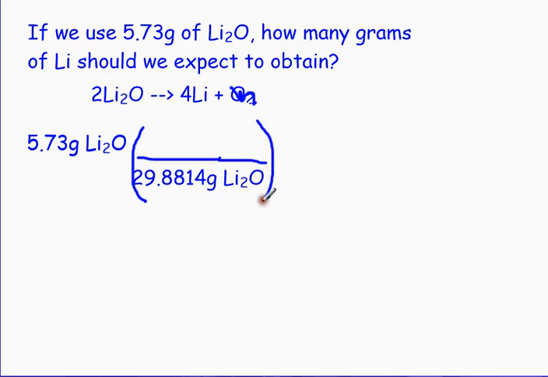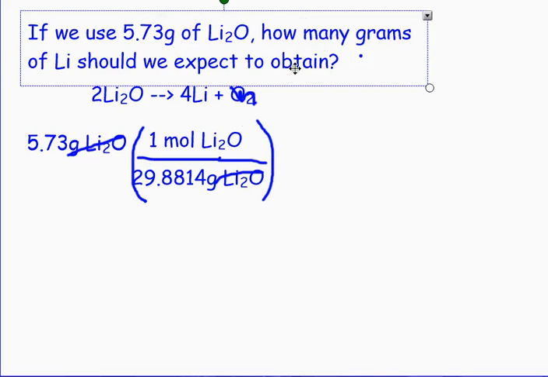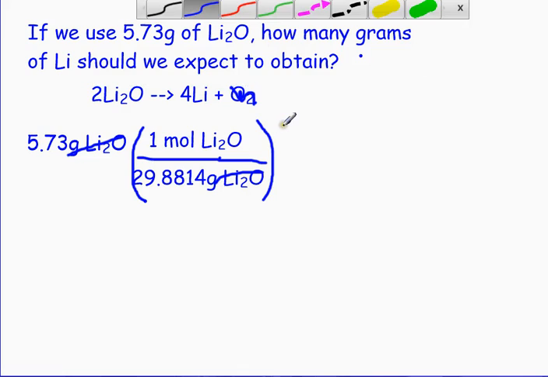So that's going to go on the bottom so that my units of grams of lithium oxide cancel out. That is the mass of 1 mole of lithium oxide. So 1 mole of lithium oxide goes on the top. Notice this is not the coefficient. This is 1 mole and the mass of 1 mole. That gives me moles of lithium oxide.